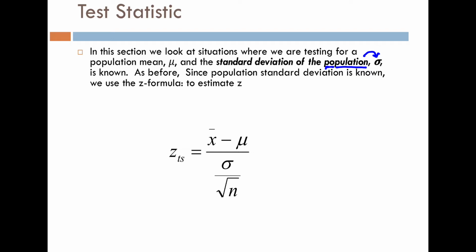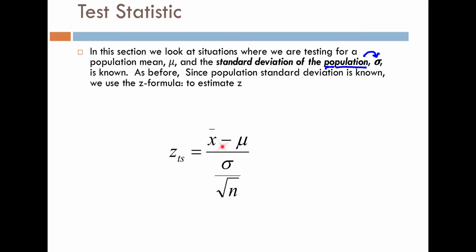If that's the case, then we're able to use the z-curve. And so the test statistic that we're going to use for our sample is a z-test statistic rather than a t-test statistic. And you'll notice we've done this before. We found the z-value before.